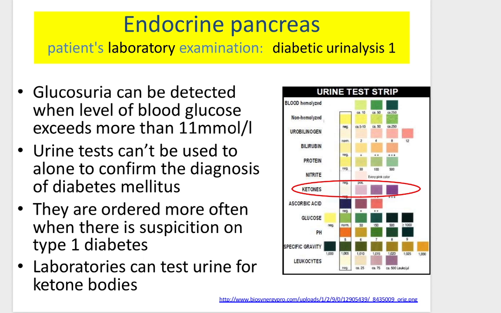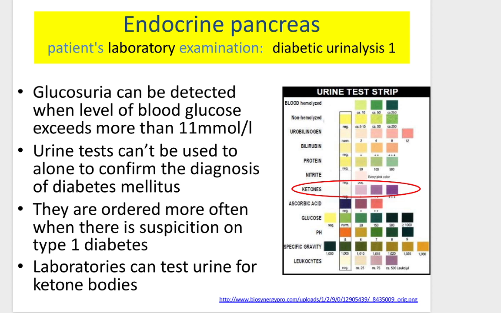Okay, diabetic urinalysis. Glucose in urine can be detected when the level of blood glucose exceeds 11 millimoles per liter. In a healthy person, you usually don't find glucose in urinalysis. Urine tests can't be used alone to confirm the diagnosis of diabetes mellitus. They are ordered more often when there is suspicion of type 1 diabetes.